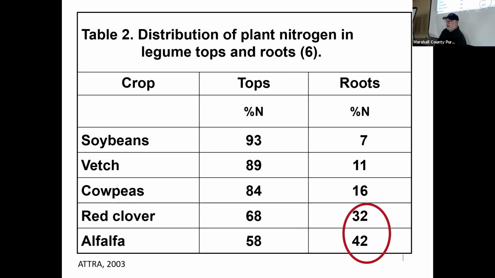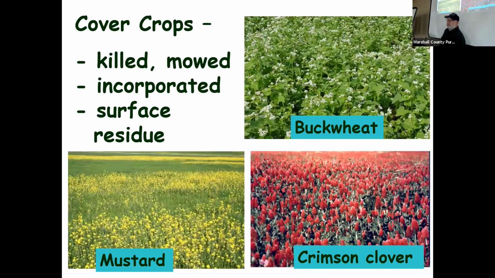Looking at clovers, we can have as much as 32% of the plant nitrogen located in the root system. Alfalfa is expensive to grow as a cover crop.